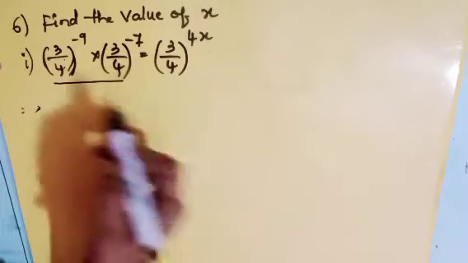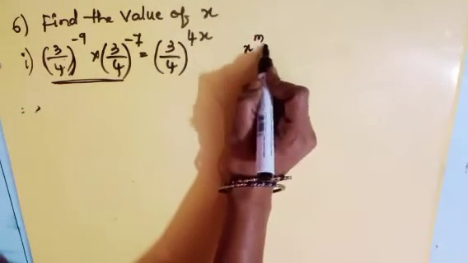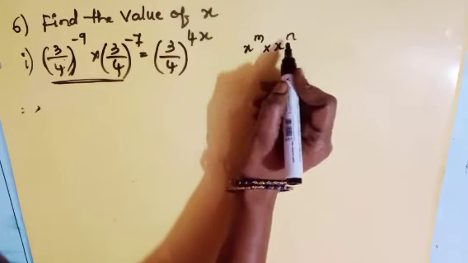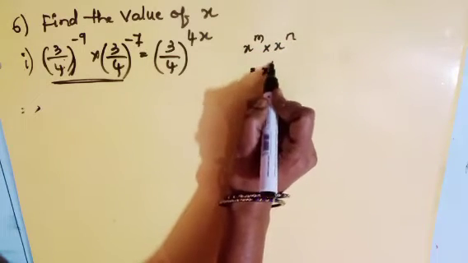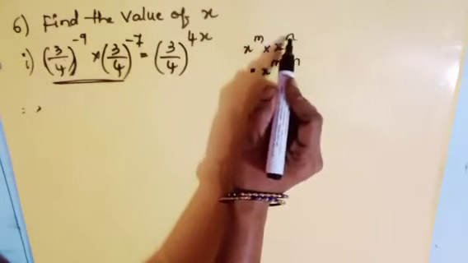See here, the left side is in the form x^m × x^n, that is x^(m+n). So when bases are same, we have to add the powers.